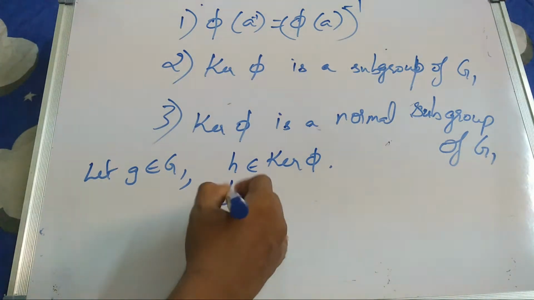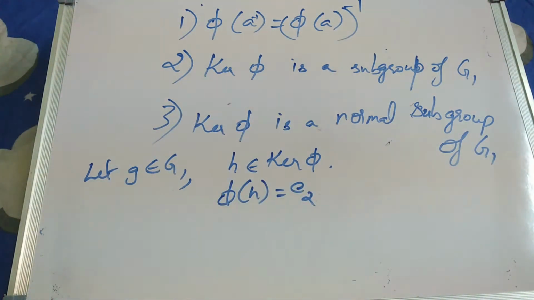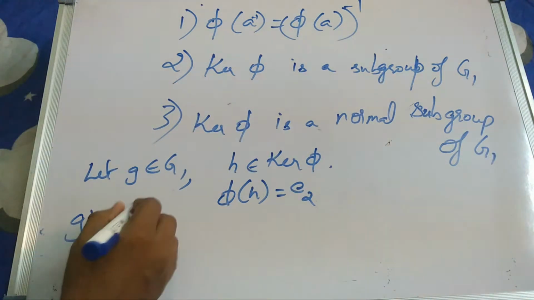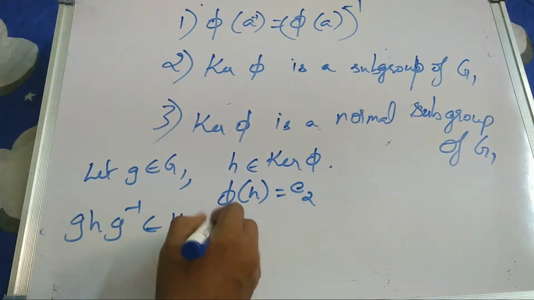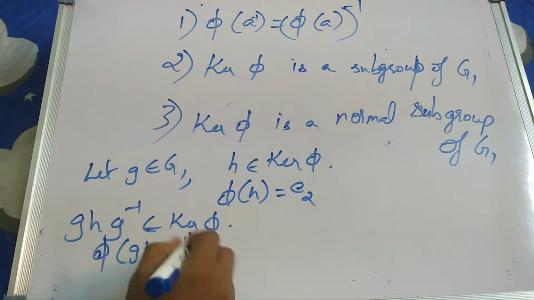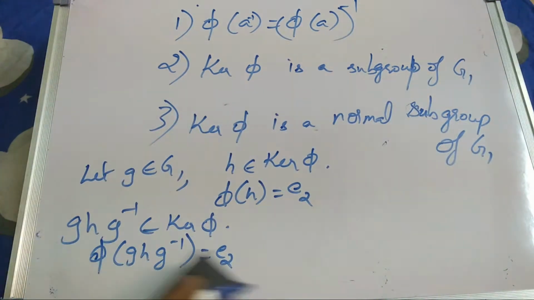So what we know is phi of h is equal to identity. That is what we know because h belongs to kernel phi. Now we need to show g h g inverse belongs to kernel phi. That is, we need to show phi of g h g inverse is equal to E2. Am I correct? Fine. Now we need to show this.